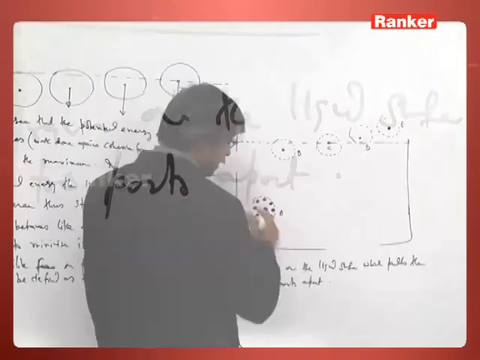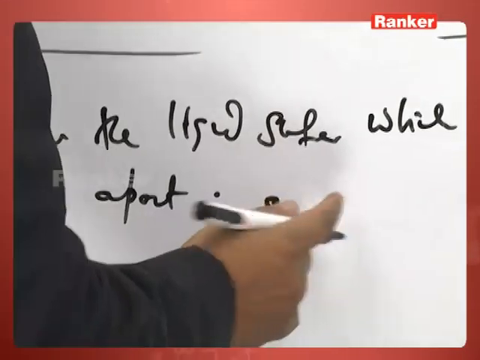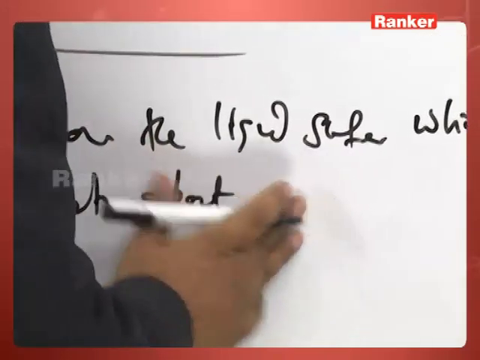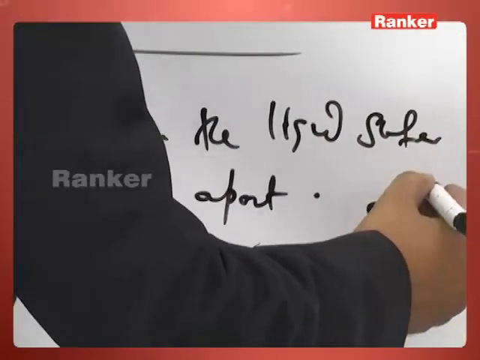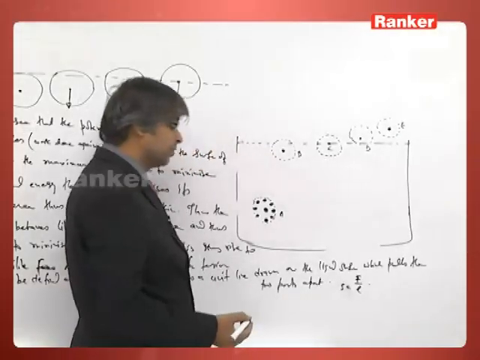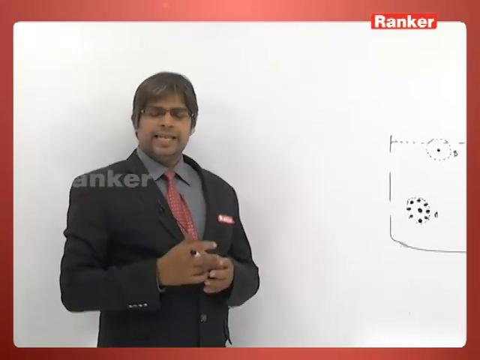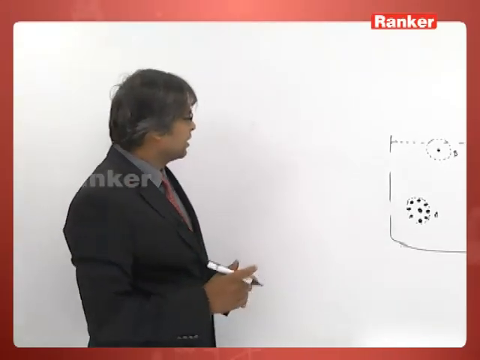So, this is how we define the surface tension, and I call this surface tension force S, equal to that force by length. We will see this. Now, let us see how to define this surface tension force.